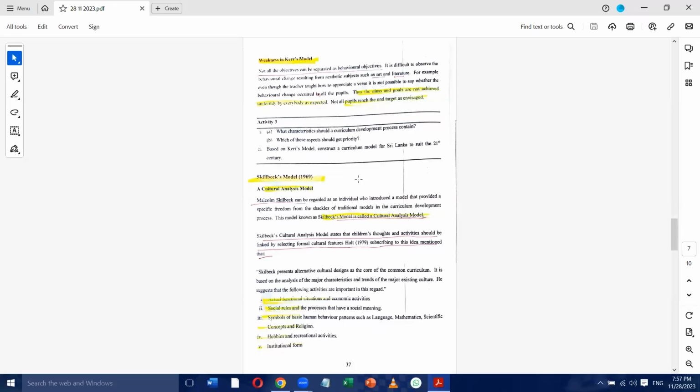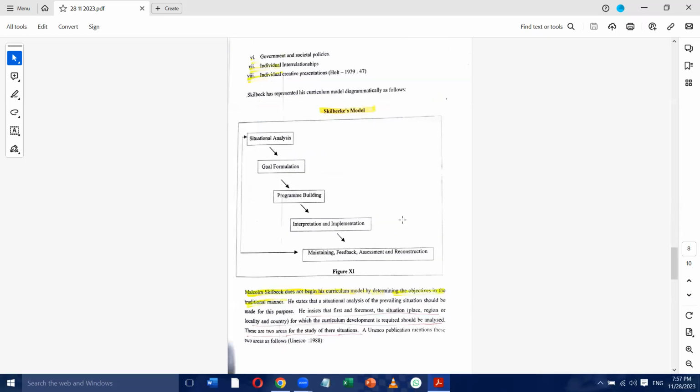Some we have in common and some we have specific. So those things. Then the hobbies and the recreational activities, then the institutional form. Right? Okay. Then again, government and societal policies, the individual interrelationships, individual creative presentations.